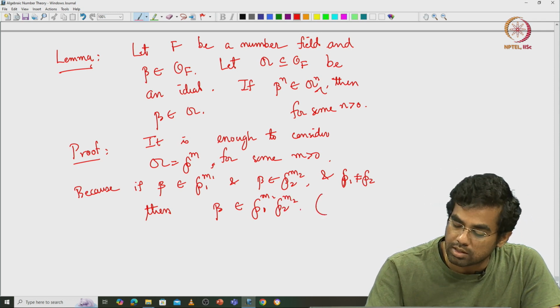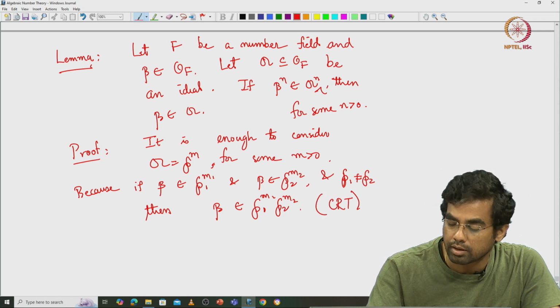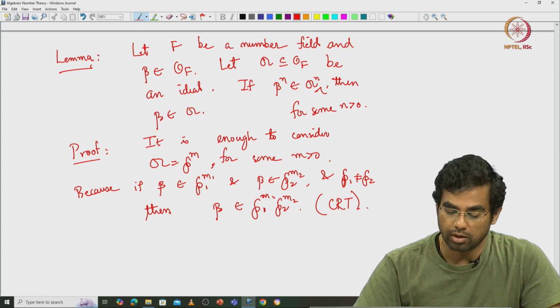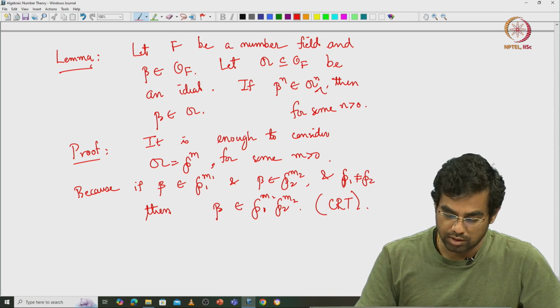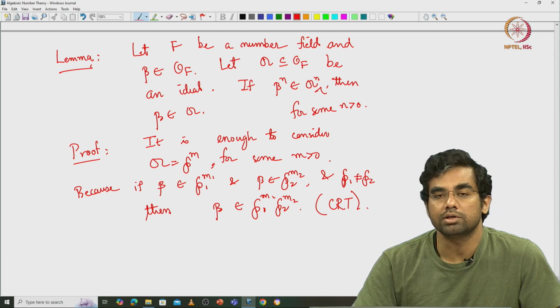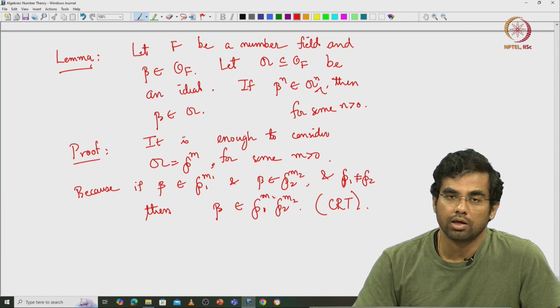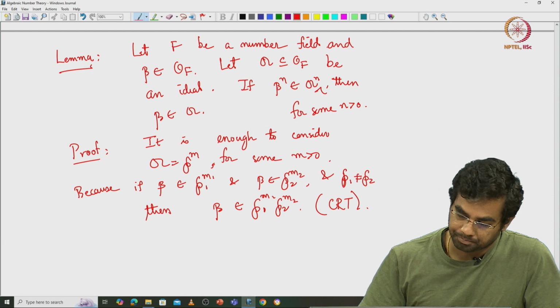This is the Chinese remainder theorem, if you like. Okay. All right, and you can extend it to finitely many distinct primes. So, it is enough to consider the case when A is a prime power.